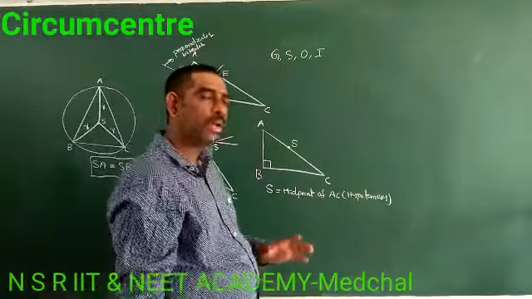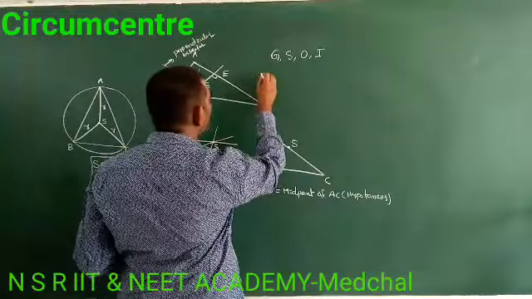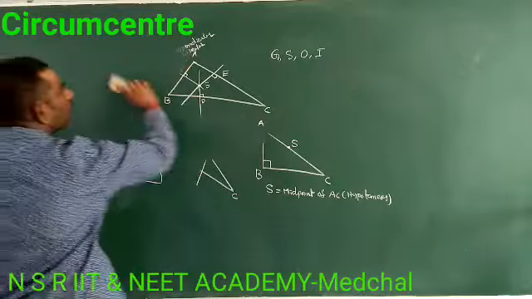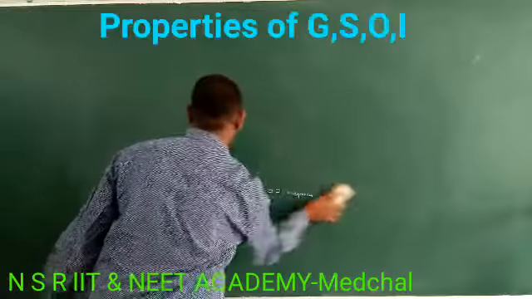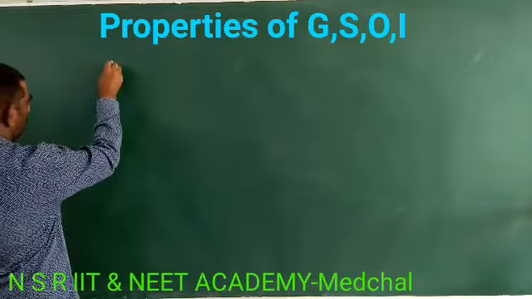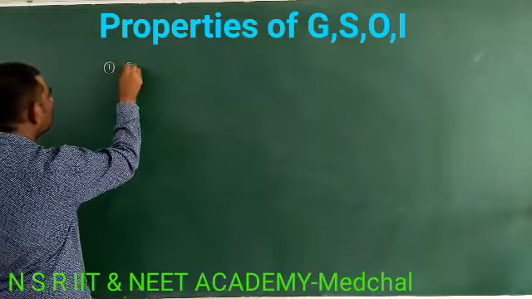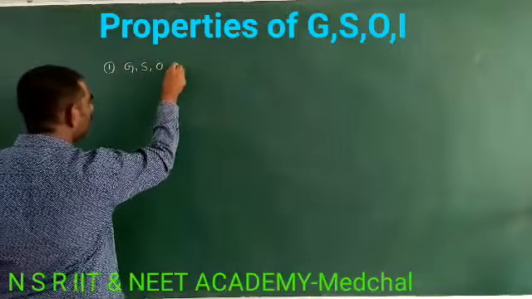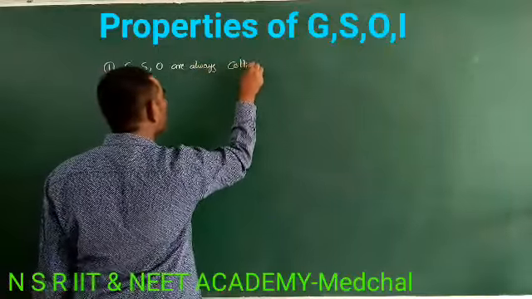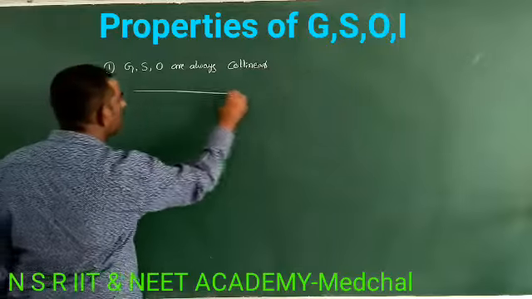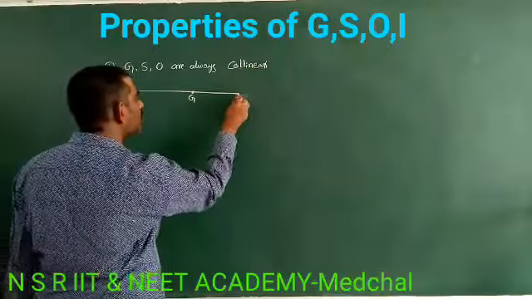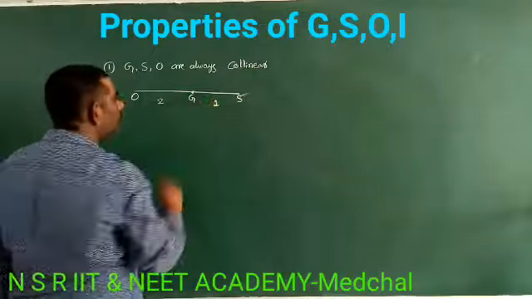We have some important properties of these four. The first property is that the centroid, circumcenter and orthocenter are always collinear, and G divides the orthocenter and circumcenter in the ratio 2:1 internally.